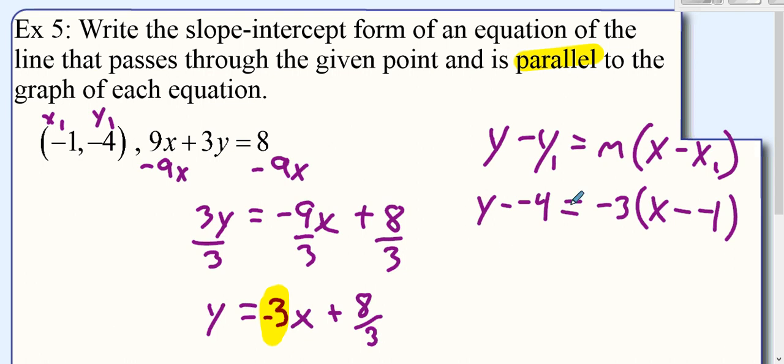So now we can simplify this out. Minus negative turns to plus. Minus negative turns to plus again. And to get it into slope-intercept form, you're going to distribute.